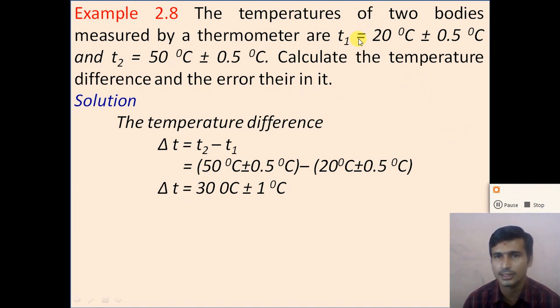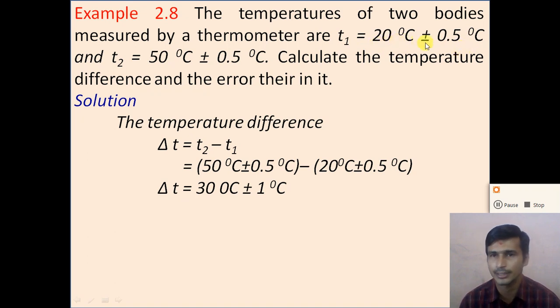The temperature of the first body T1 is equal to 20 degrees Celsius. So this 20 degrees Celsius is the true value of the measurement, or we can say the mean value of the measurement, and 0.5 degrees Celsius is the average absolute error in the measurement of the temperature of the first body, right?